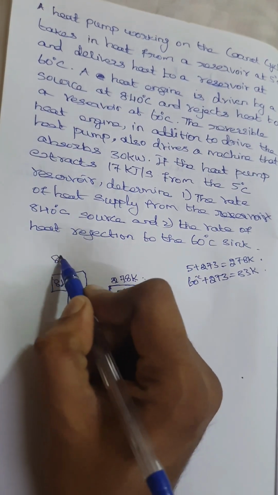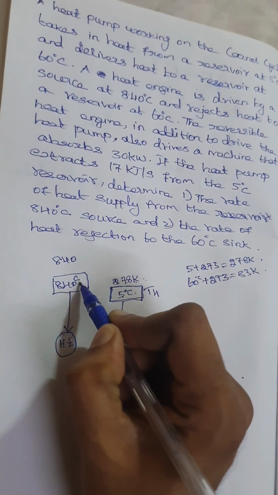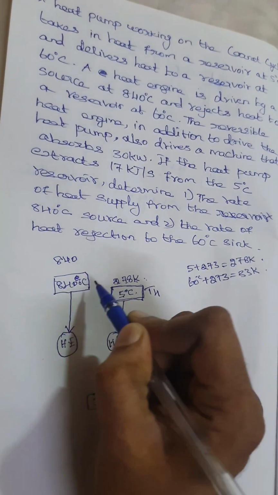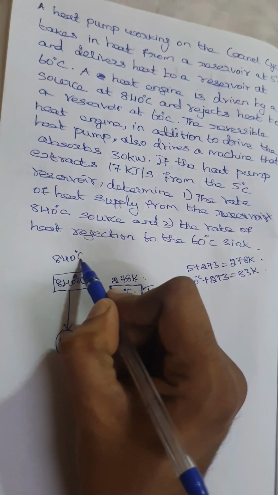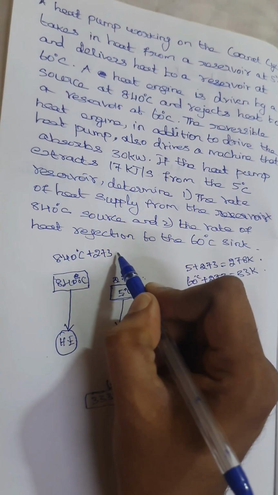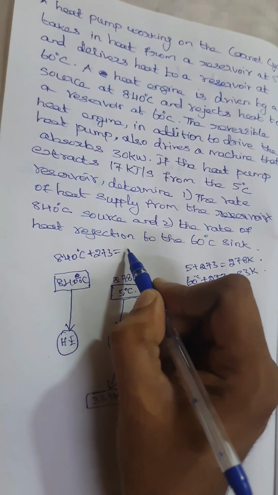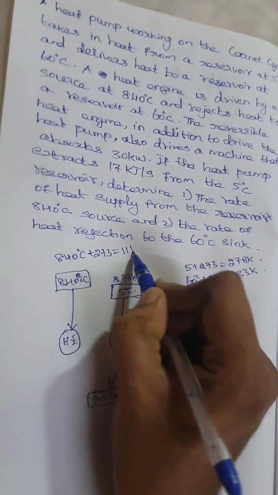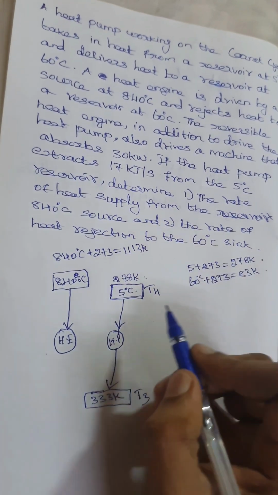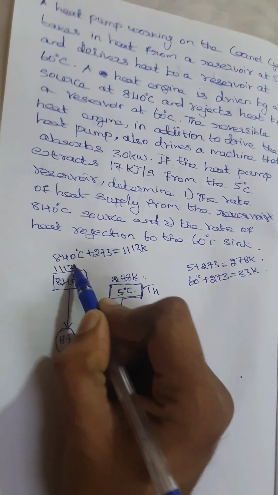If you want to convert 840 degree centigrade to Kelvin, you have to add 273 as I said earlier. So now it will be 1113 Kelvin. So you can mention it here as 1113 Kelvin.